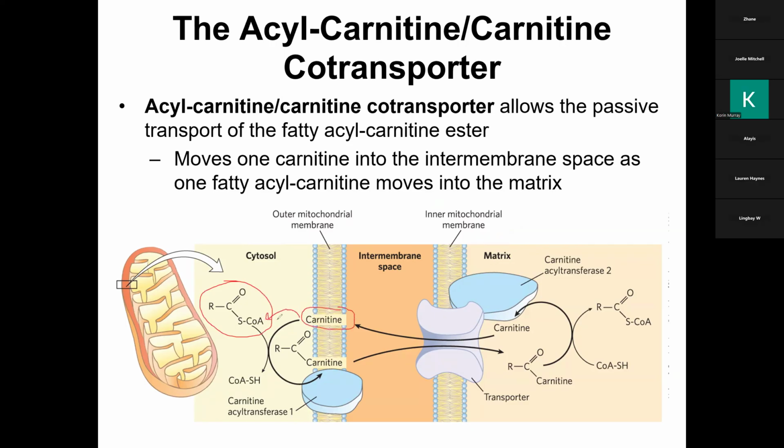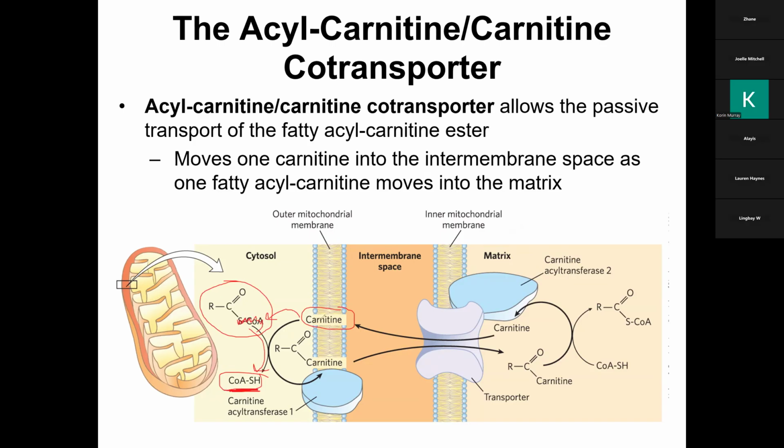Carnitine comes in and replaces the CoA, which comes off and re-enters the pool of CoA to be used for something else. So the CoA pops off and the carnitine pops on. They exchange, and that means the CoA is now free to do something else.